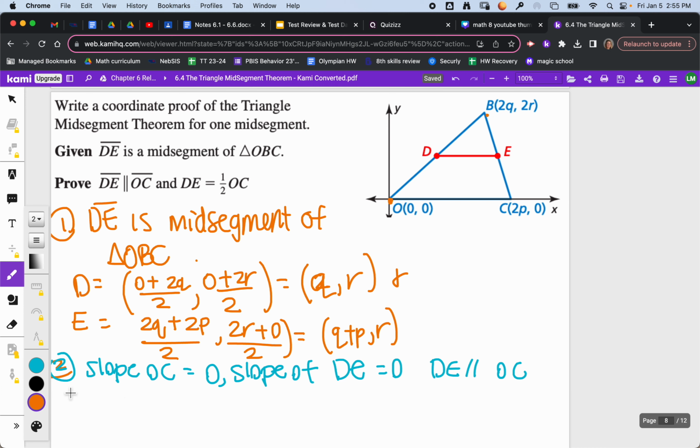And then, let's change a color. Statement 3, to find out the distance of DE, we're just using that distance formula.